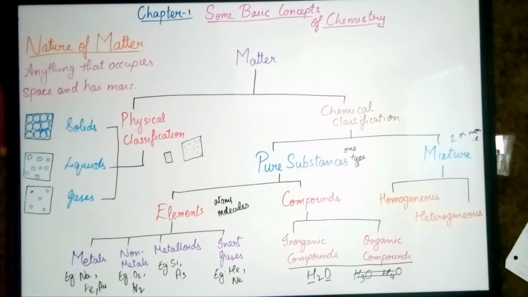The second property of compounds is that now you have hydrogen and oxygen. Hydrogen is a gas at room temperature, and oxygen is also a gas, whereas water is a liquid. This is with respect to its physical property.